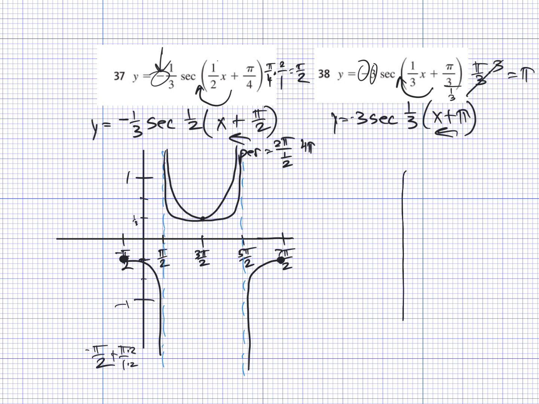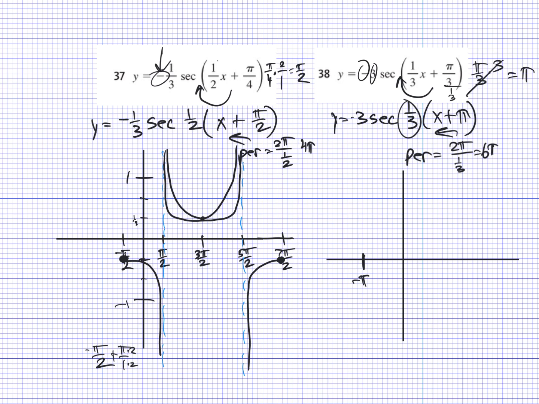So again, getting a little bit further to the left. So we'll say each increment here is pi over 2. So we'll say 2 big boxes is going to be pi. Okay, our period is 2 pi over 1/3 or 6 pi.